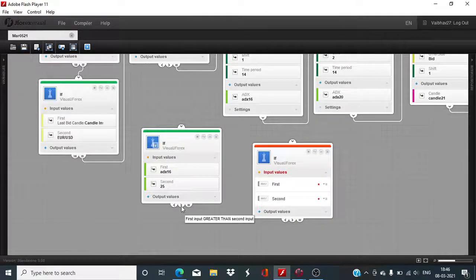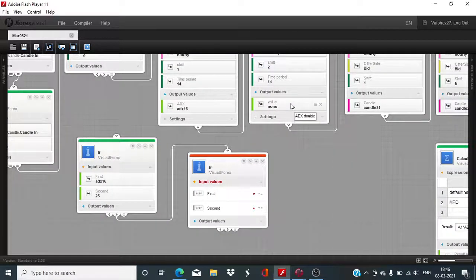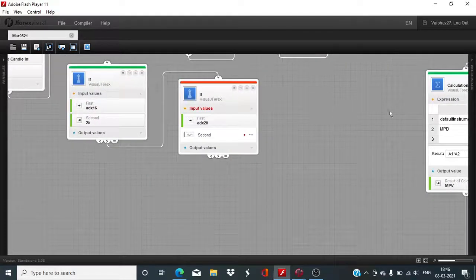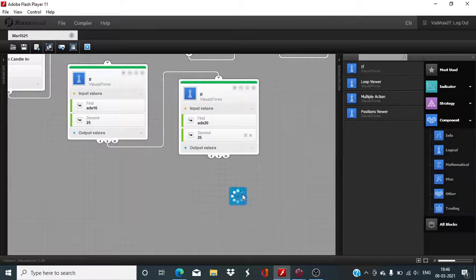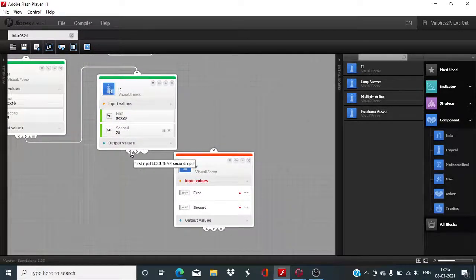So here first input greater than second input. ADX 20, it should be less than 25. First input less than second input.